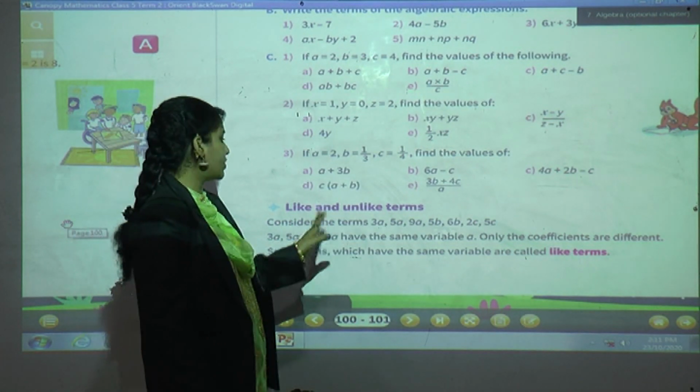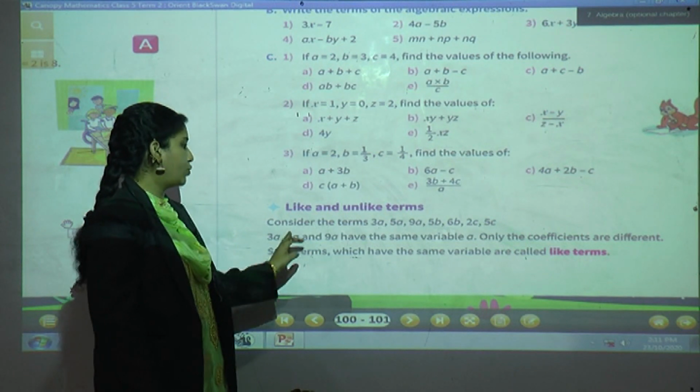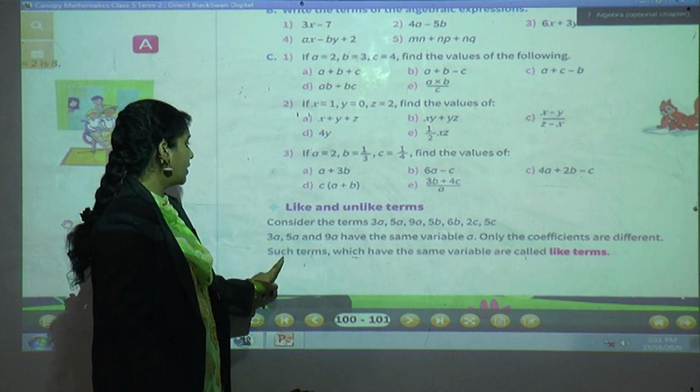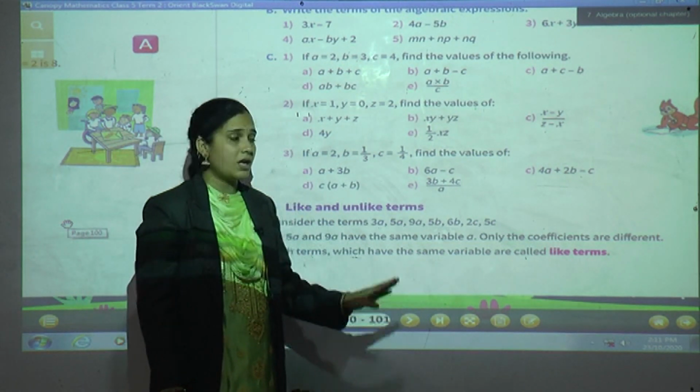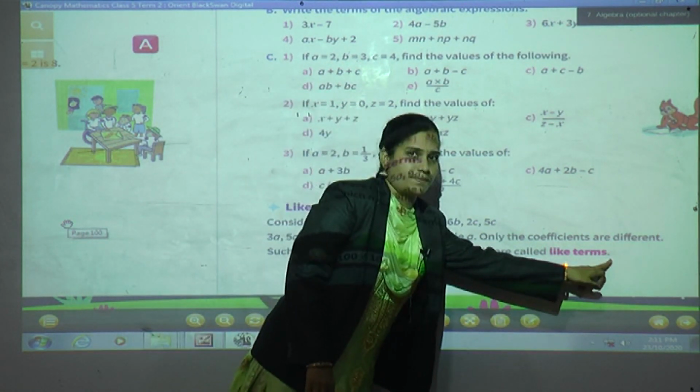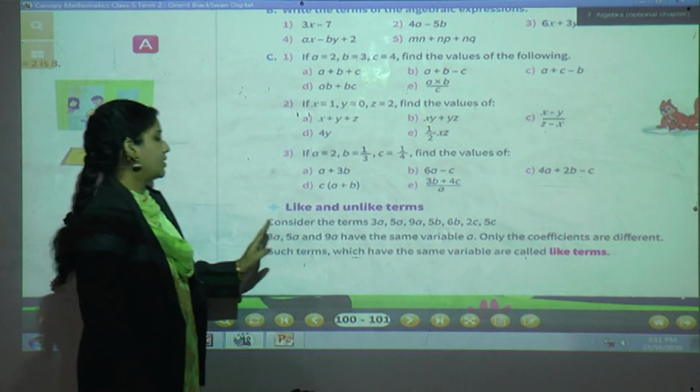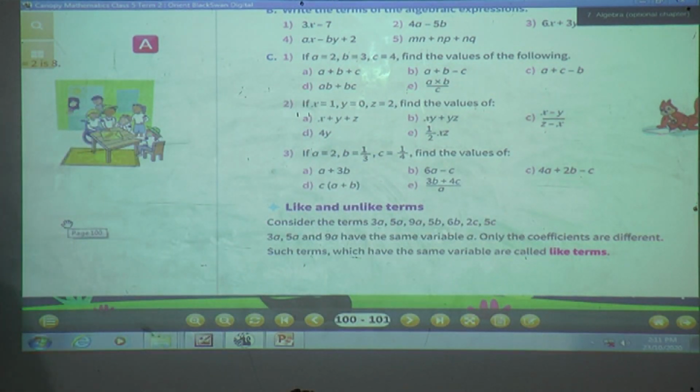Only the coefficients are different. Okay. Now such terms which have the same variable are called like terms.